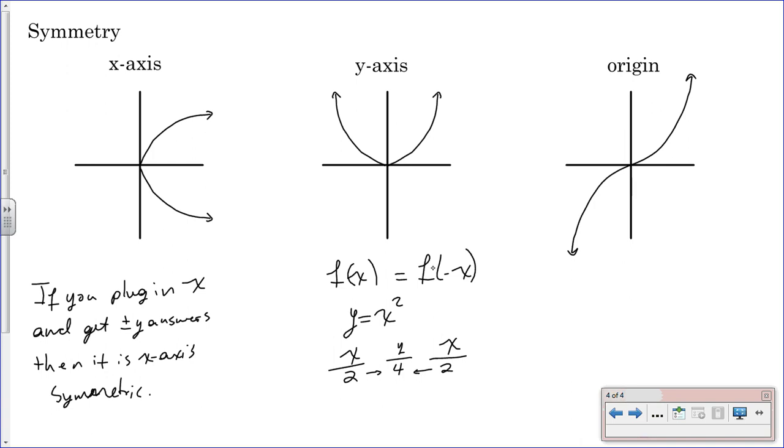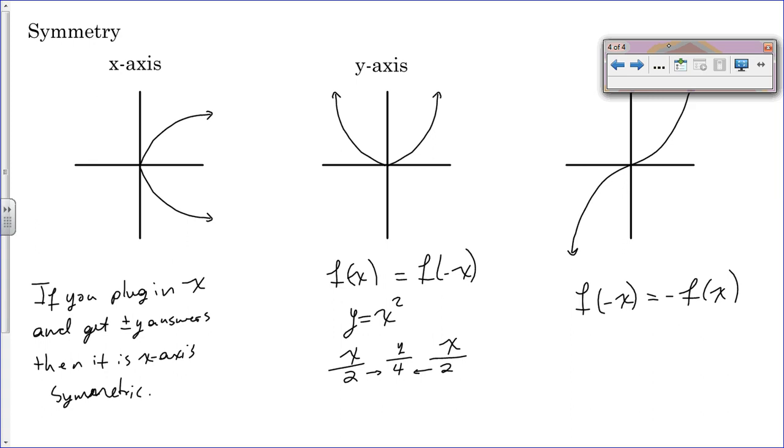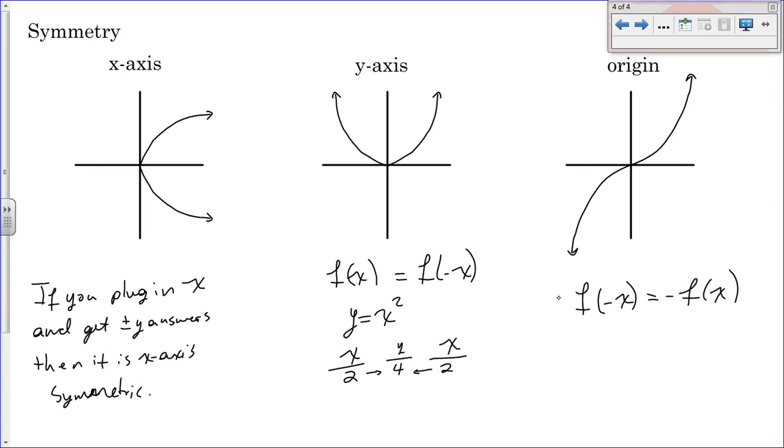So if you replace x with a negative x and you get the same value for y, you have y-axis symmetry. And then the third type of symmetry is symmetry to the origin. If you take f of x and replace it with f of negative x, and you get negative your entire function, then you have origin symmetry.